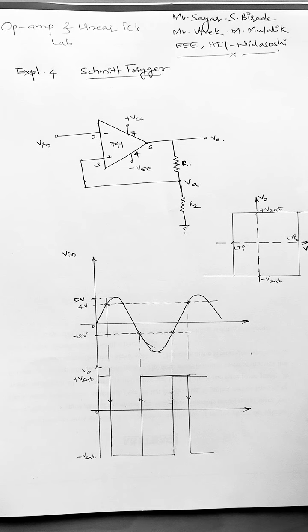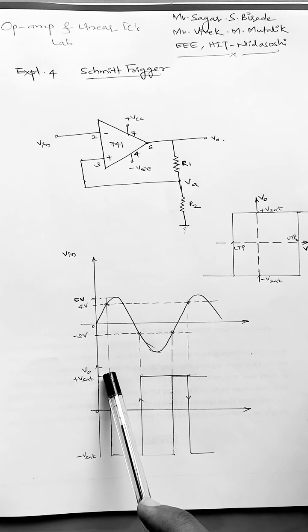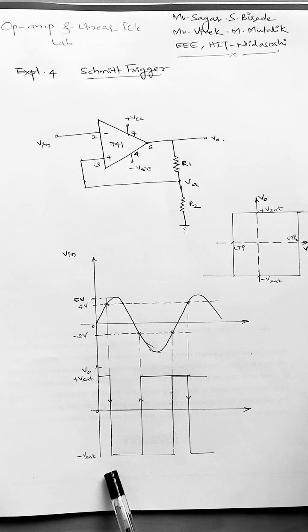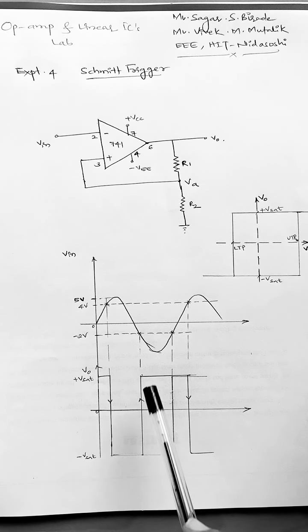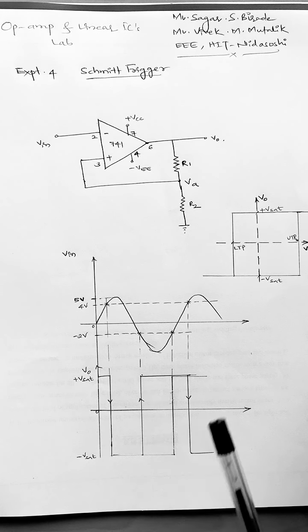In this circuit, the op-amp compares the potentials at two input terminals. You can see in the waveform that the output shifts from positive V saturation to negative V saturation and negative V saturation to positive V saturation, and the cycle continues.